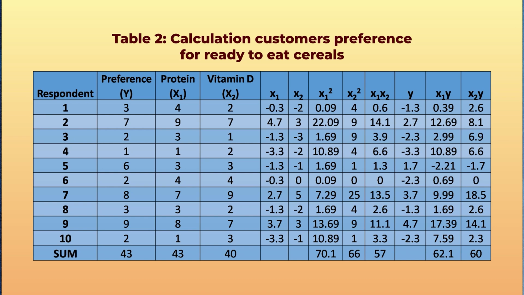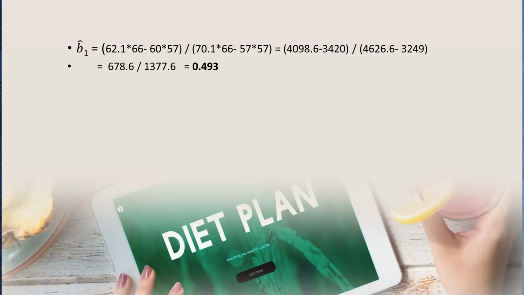So, estimated b1 is equal to 62.1 multiplied by 66 minus 60 multiplied by 57, divided by 70.1 multiplied by 66 minus 57 into 57, that means square of 57. By putting in these values we get the value of estimated b1 as 0.493.